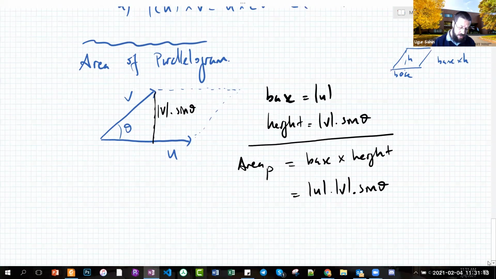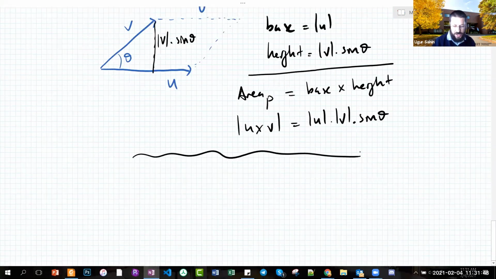As you see, what you see on the right-hand side is the magnitude of the cross product. This is the definition of the magnitude of the cross product. It is not just a cross product. So the area can be given by this formula then. You need to multiply the two vectors using the cross product and then take its magnitude. It's going to give you the parallelogram area between these vectors.